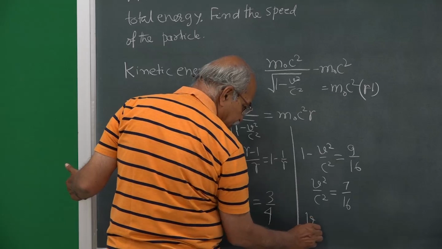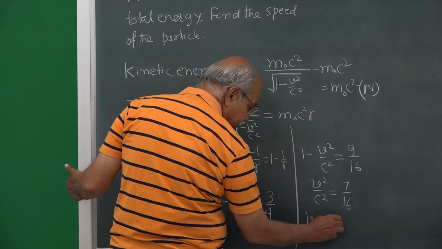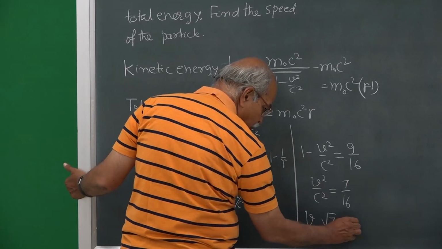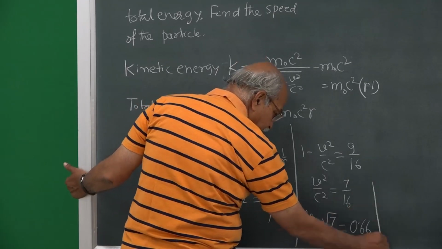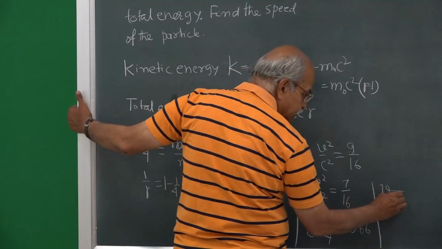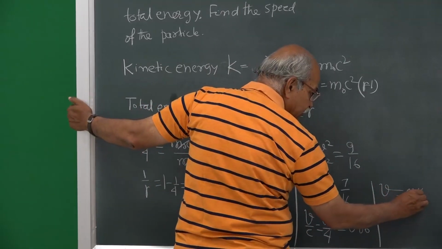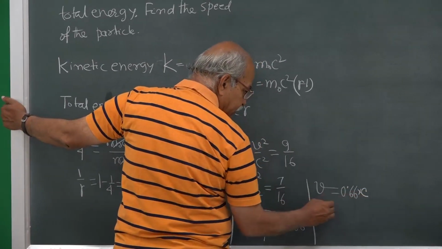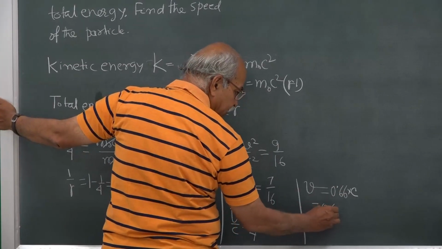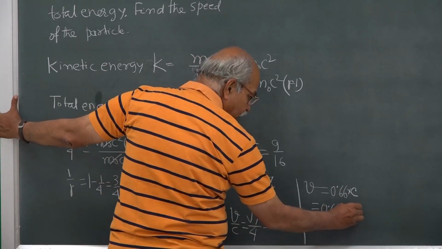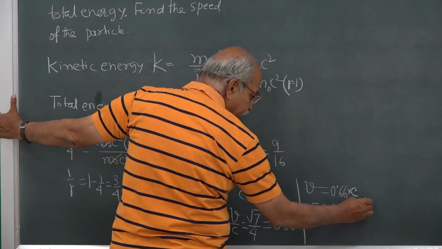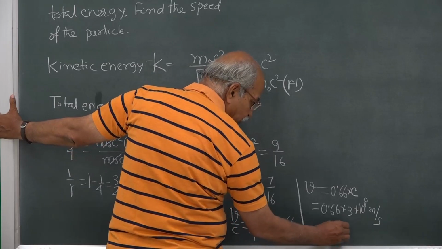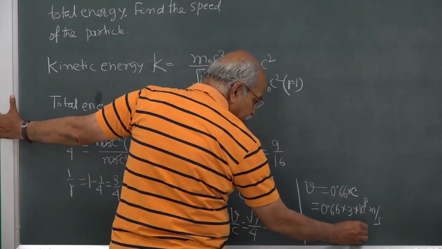So, v by c is square root of 7 divided by 4, and that will be around 0.66 or so, and therefore, v is 0.66 into c, and that is 0.66 into 3 into 10 power 8 meter per second, which will be almost 2 into 10 power 8 meter per second.